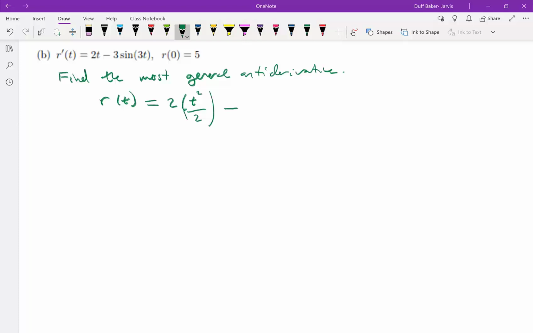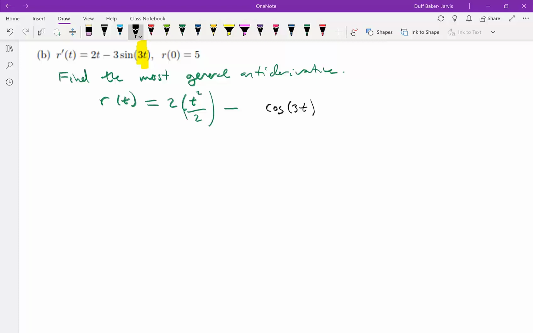For the second one, you have to be a little bit more creative. There's the slight issue that there's a 3t inside of the sine. So you're looking for something that has derivative 3 sine of 3t. You would probably guess that it's got to involve something with a cosine of 3t, right?